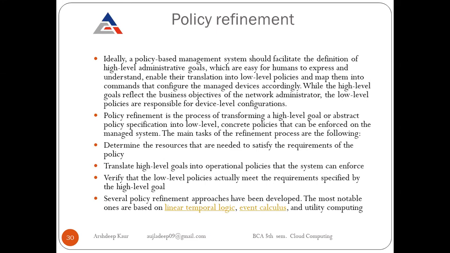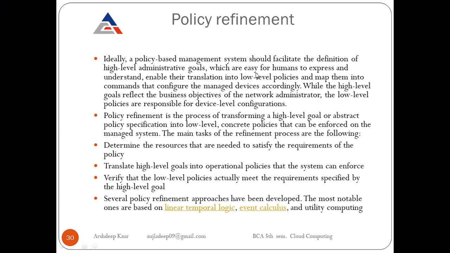Next is policy refinement. Refinement means we can do some updates and amendments in the policies that are not suiting the organization. Policy refinement is also known as policy amendment or policy updation.